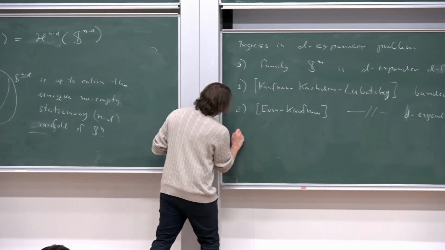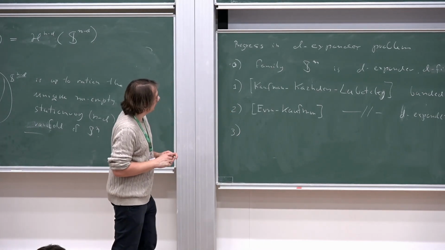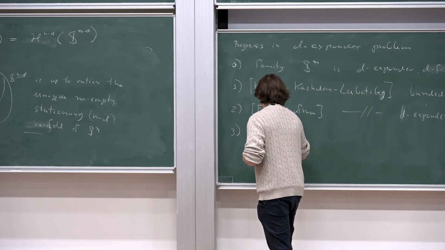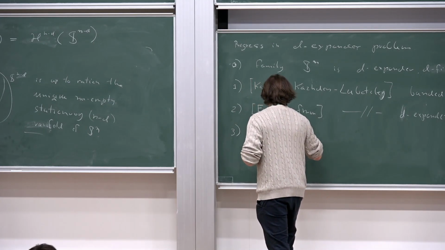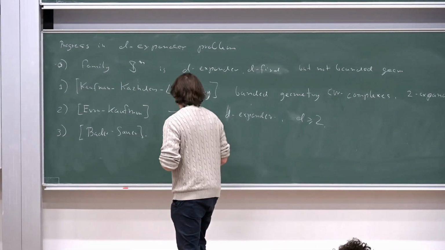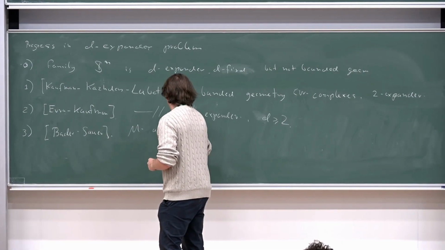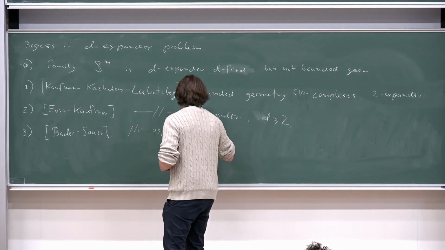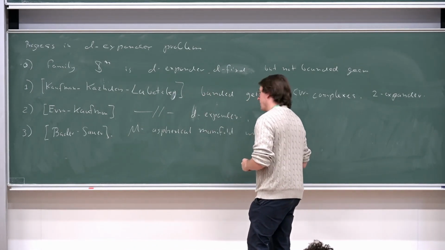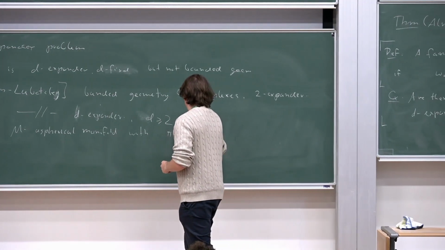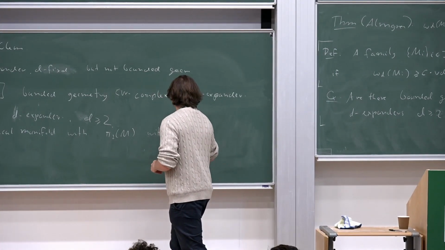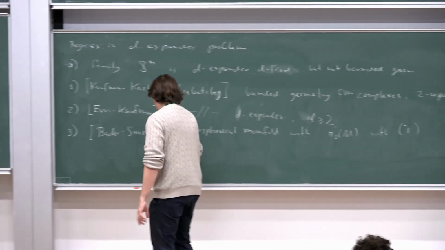The first natural manifold examples are due to Roman and Uri. You can take M a spherical manifold with pi 1 of M with property T, and then the family of finite covers.